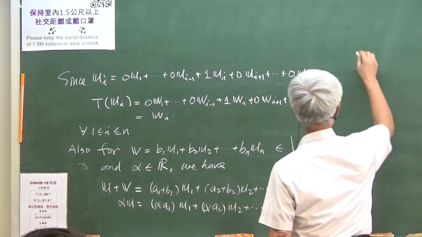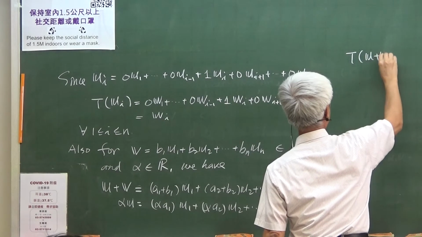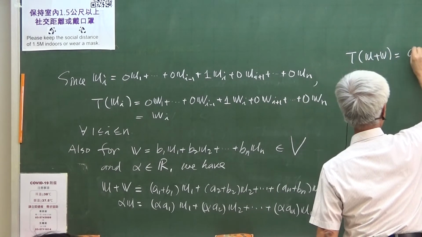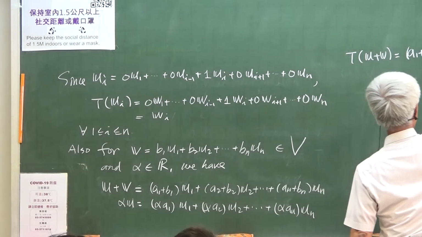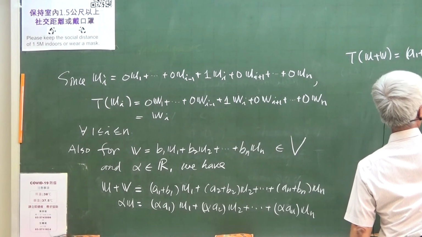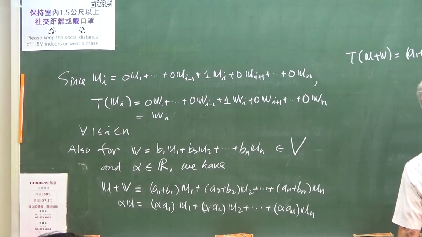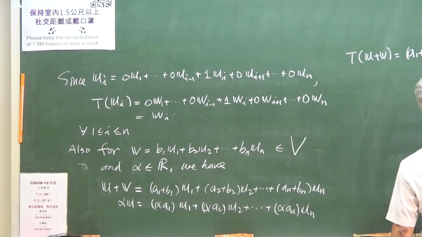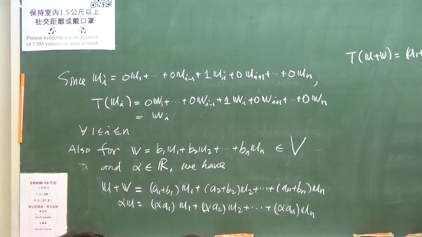And so by definition, T(u plus v) would be (a1 plus b1) w1, (a2 plus b2) w2, up to (an plus bn) wn. So we have that by definition.